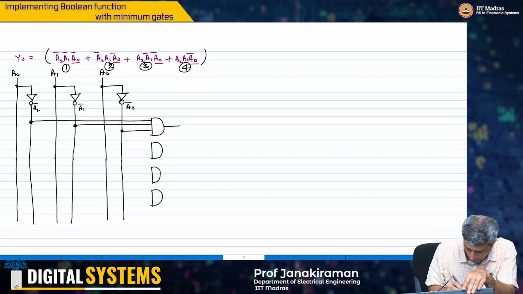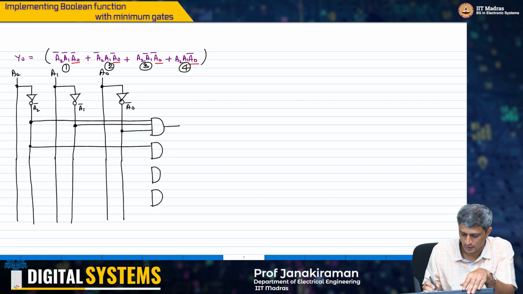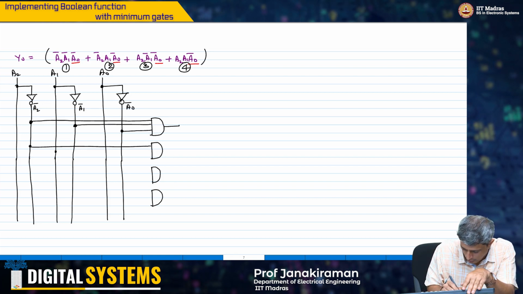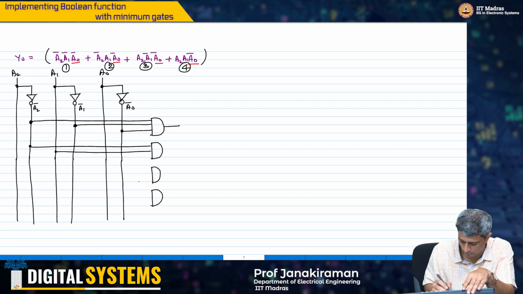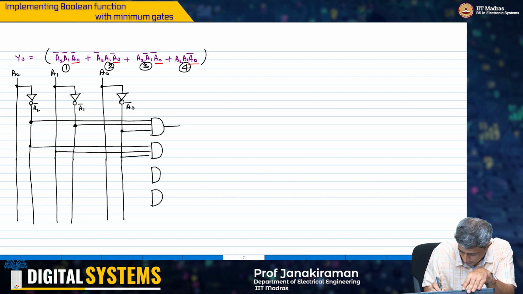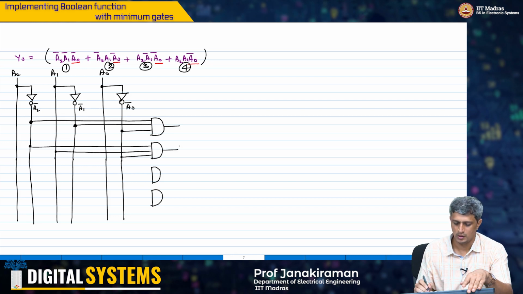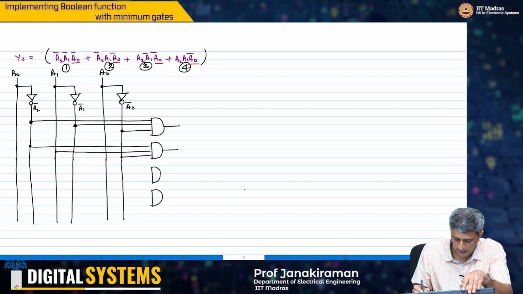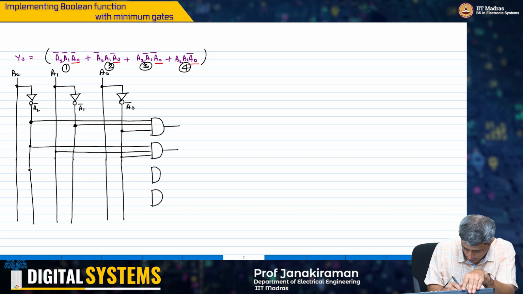So therefore again A2 bar, A1 and A0 bar, right?